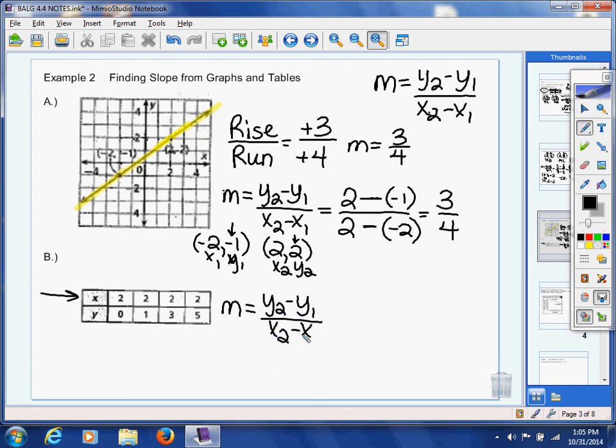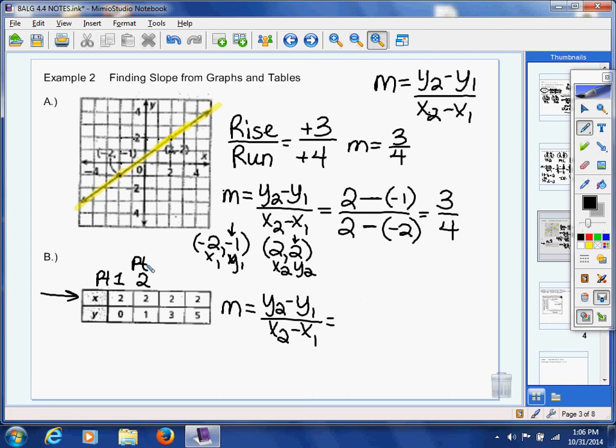Okay? We've already done this. When we learned rate of change, we were actually technically doing the slope formula. So I'm just going to pick these first 2 points here. I'm going to call this one point 1 and I'm going to call this one point 2. Okay? And then I'm just going to plug in accordingly.